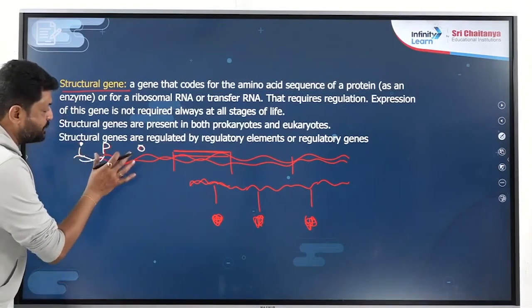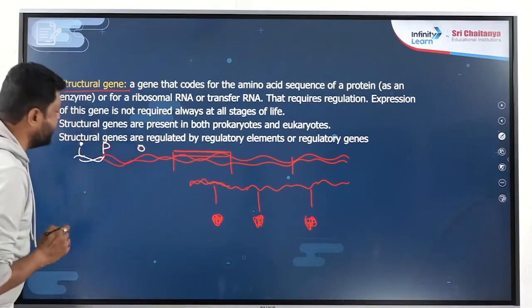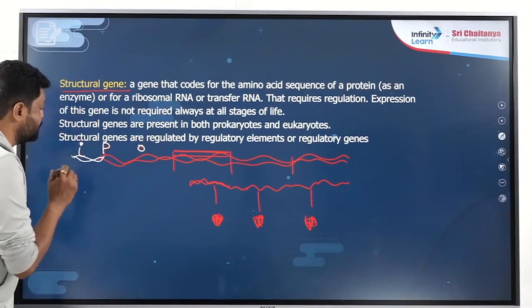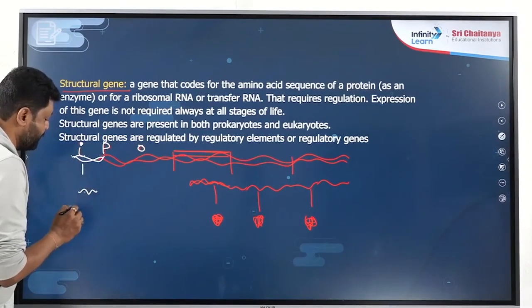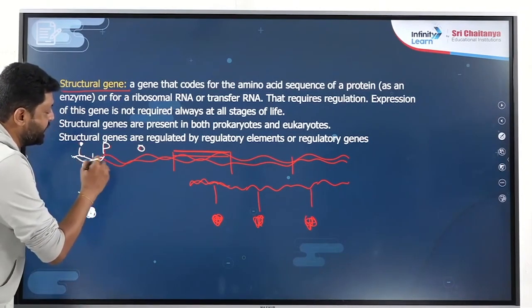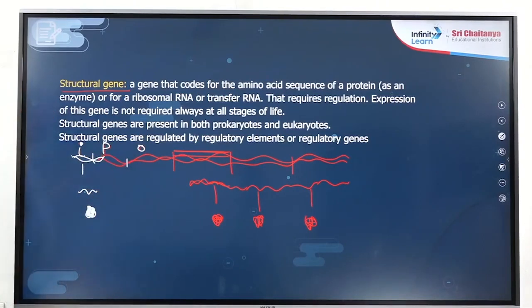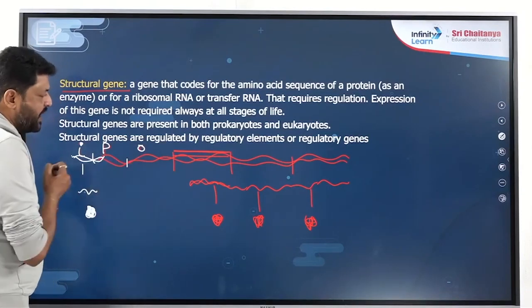So they are not performing the function of synthesizing mRNA and a polypeptide, but they do have another duty. The repressor gene continuously produces one mRNA and then a polypeptide, that is the repressor protein. The promoter gene is the site where the RNA polymerase binds. At the operator, the repressor will go and bind. This is secondary, I will tell you later.